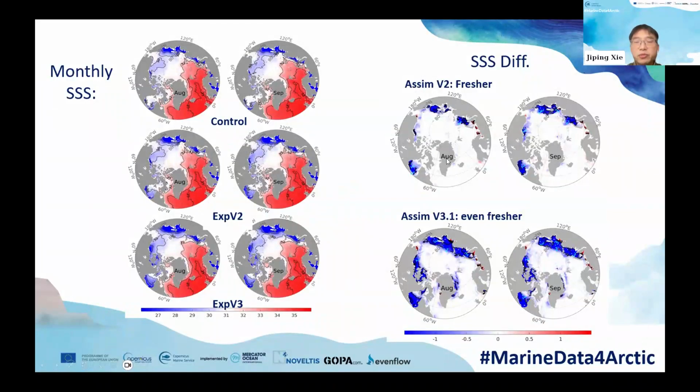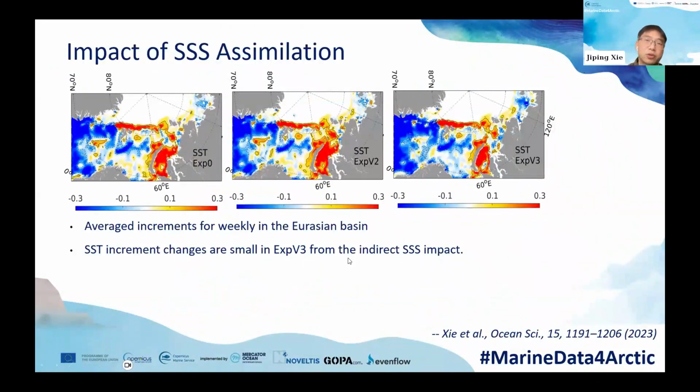When we assimilate version 2, near the coast the surface salinity becomes fresher. When we assimilate version 3, it becomes even fresher. There is a big difference between these two versions. Also, when we assimilate this data, we can find some benefits for SST. Here I show some SST increments during the half year of experiments.